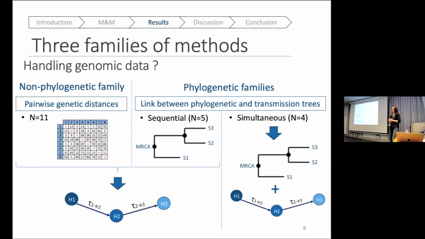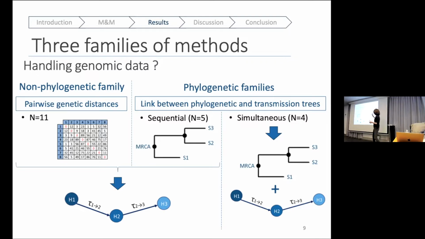From these 20 methods, we defined 3 families according to how genomic data was handled. The first family is the non-phylogenetic family. It consisted of 11 methods, and in this family, pairwise genetic distances were estimated, while in phylogenetic families, a link was established between the phylogenetic tree and the transmission tree, or the phylogenetic tree was used as a source of information.